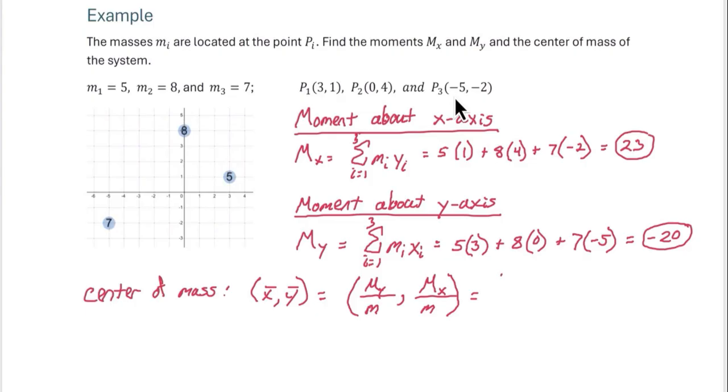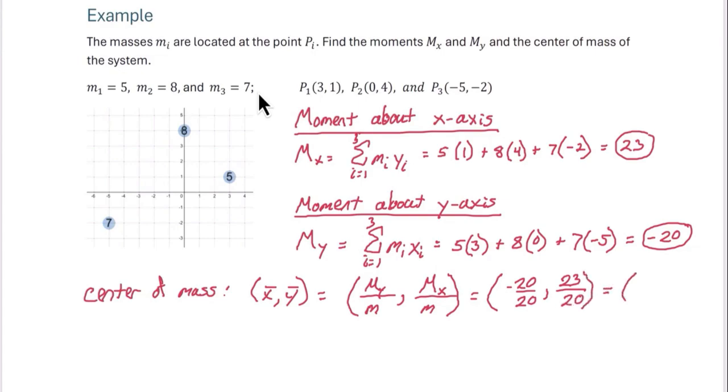M sub y we found to be -20. We'll divide by the sum of the masses, 5 plus 8 plus 7, which is 20. And then m sub x we found to be 23, divided by the sum of the masses, which is 20.